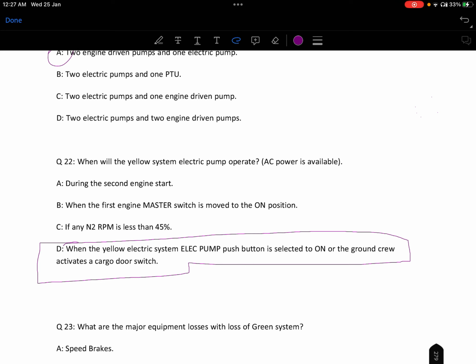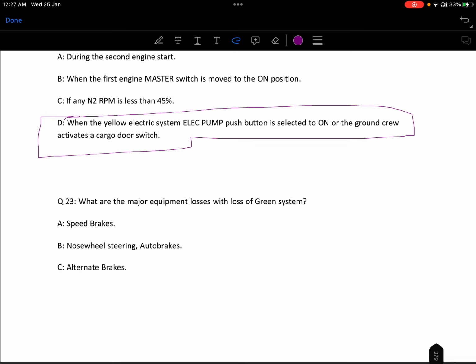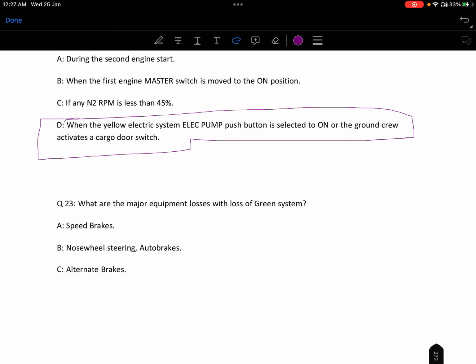Option D, when the yellow electric pump push button is selected on, or the ground crew activates the cargo door switch, then this yellow system electric pump operates. Whenever we manually press the electric pump, or whenever we use the cargo door hand pump, then also this yellow system electric pump operates.